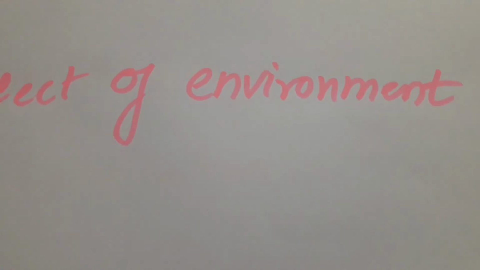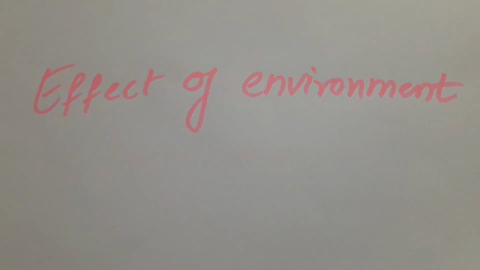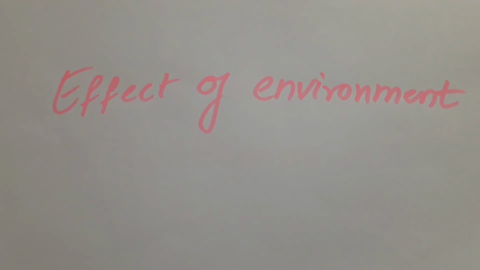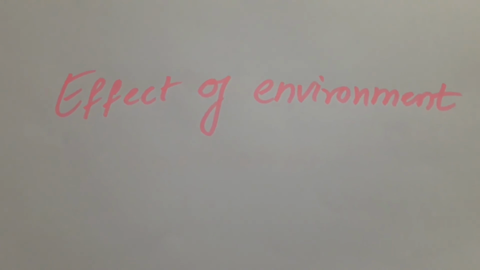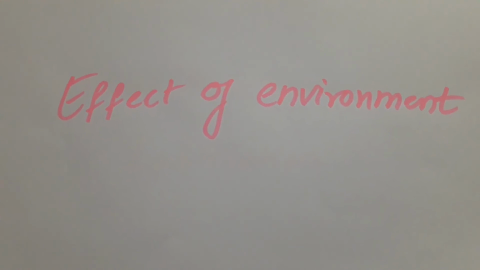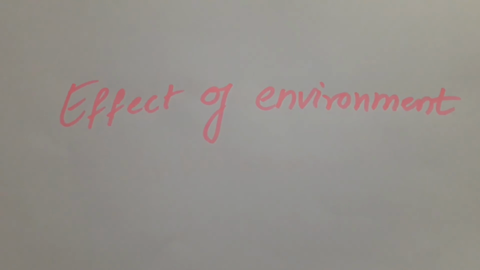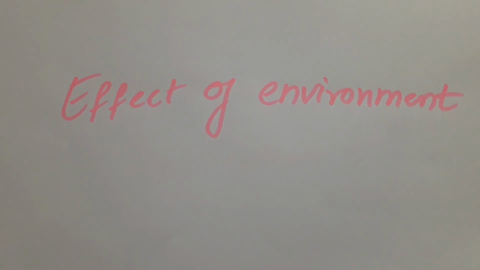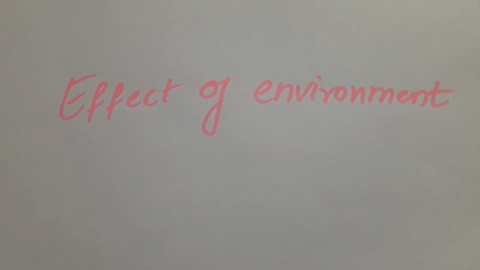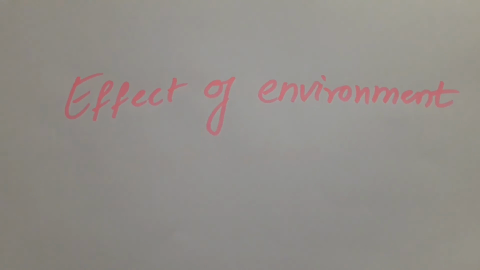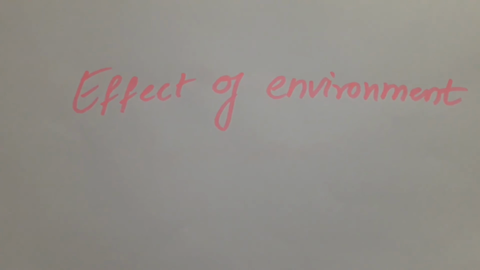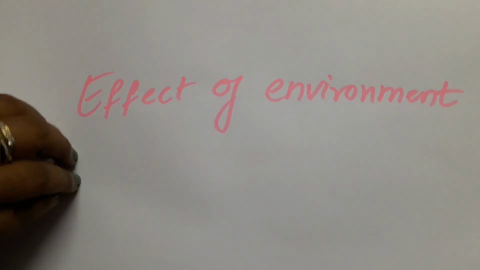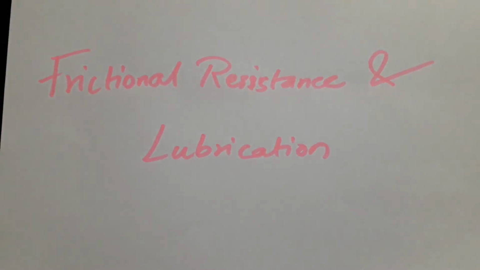If we are designing for the marine industry, you have to choose a material which can last in sea water, that is, water which is salty. So, depending on the environment, you have to consider the material life.